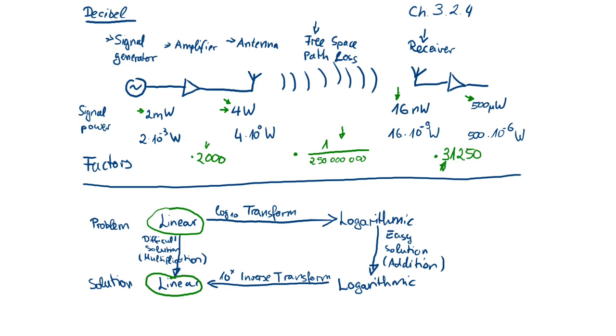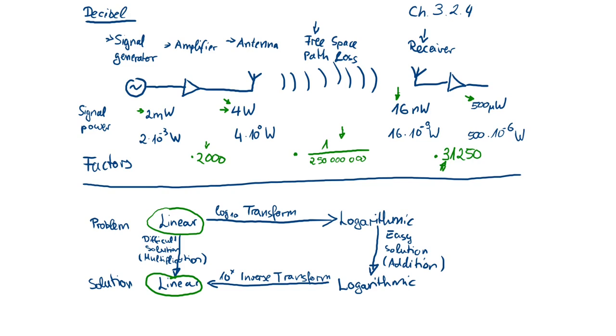So actually you can say, yeah, it's just a multiplication by thousands and just a division by 250 million. Yeah, it's not a big deal. So modern computers can solve this without a problem.